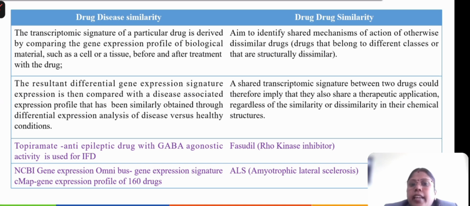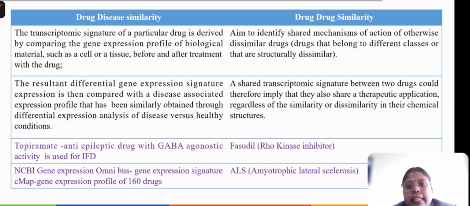Now coming to drug similarity. Again, this is aimed to identify shared mechanisms of action. The common understanding is drugs may belong to the same class or to different classes. It is not necessary that they should have common structural similarity. The only thing is common shared transcriptomic signatures between two drugs.